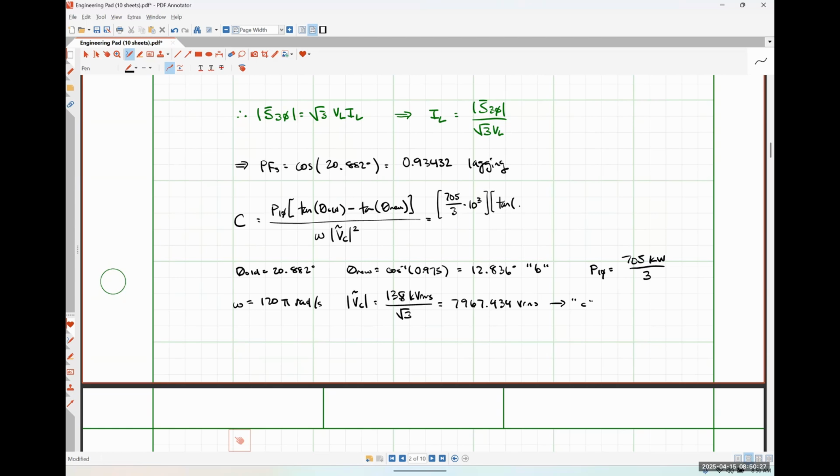Then I'm going to have the tangent of 20.882 degrees minus the tangent of 12.836 degrees, all divided by 120 pi times 7,967.434 volts RMS squared. So give me a moment to just put that in my calculator.